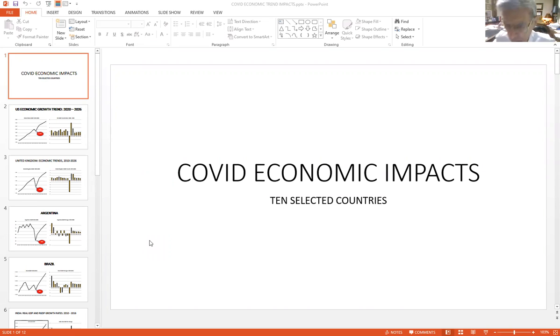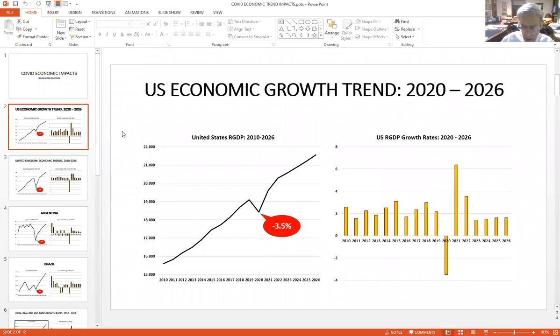Okay, so we're just going to take a look now at 10 selected countries and see if we can find any similarities or differences. All these charts are going to be the very same with regard to the time covered, that is from 2010 to the International Monetary Fund's forecast for 2026.